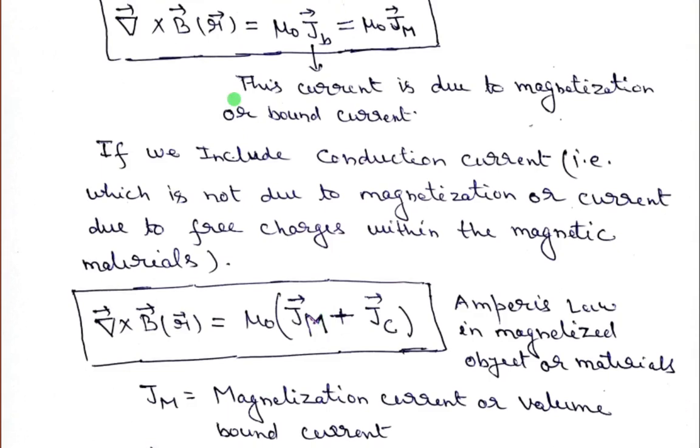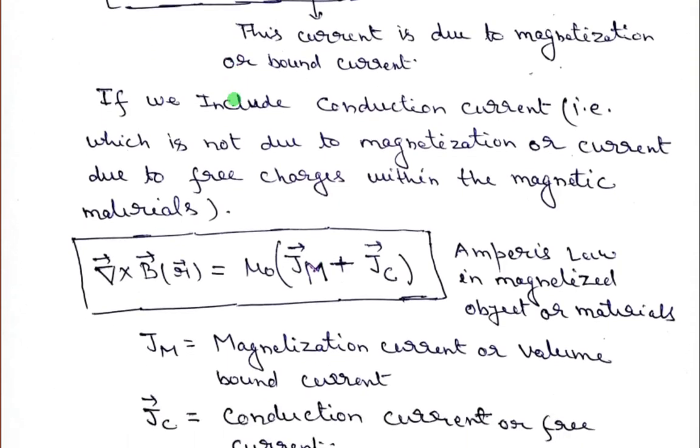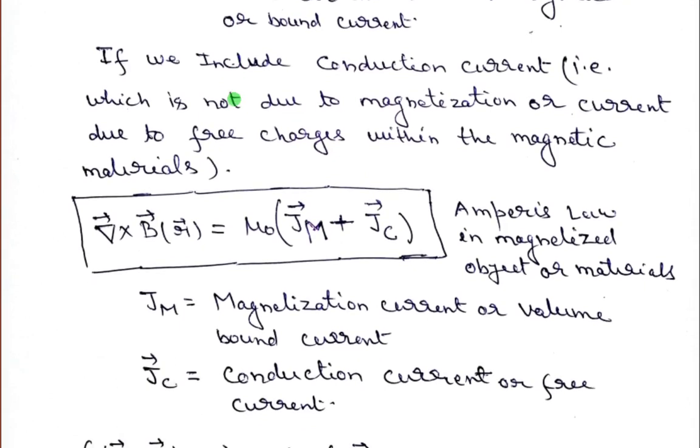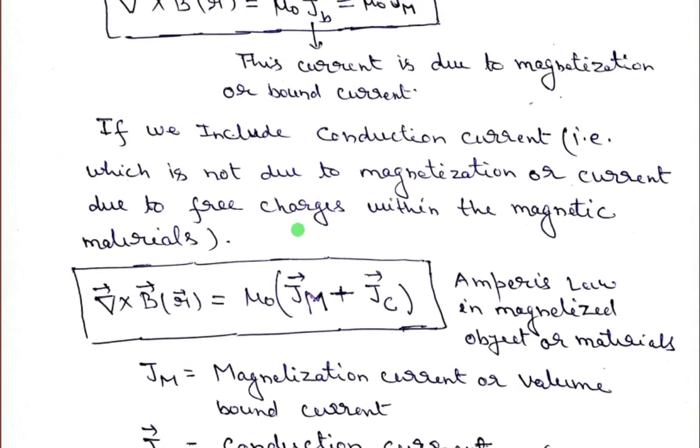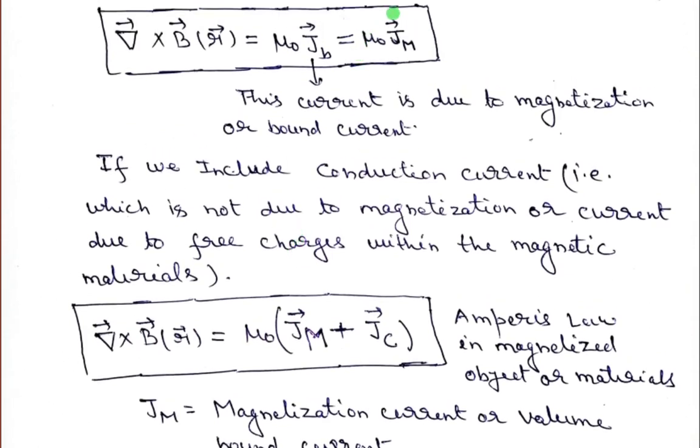So we have to include two currents when we write Ampere's law in magnetic material. That is why del cross B inside matter is equal to mu 0 times (JM plus JC). JM means current due to magnetization, JM or JB in some books, plus JF or JC, the conduction current.